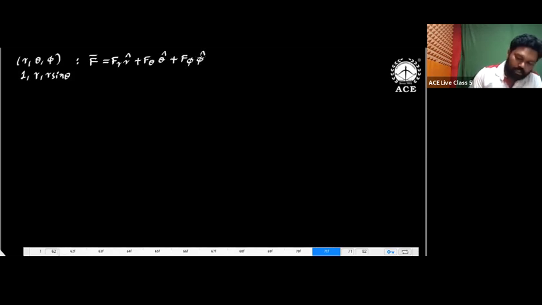For the spherical coordinate system, r, theta, phi, scaling factors are 1, r, r sin theta. Here f is equal to fr r cap plus f theta theta cap plus f phi phi cap.